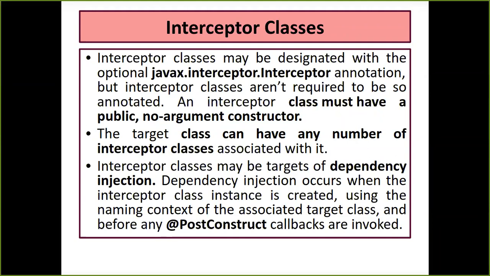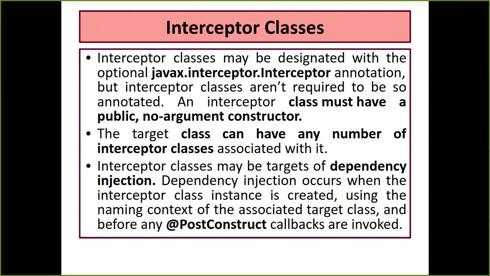The class can have any number of interceptor classes. That means one EJB file can have any number of interceptor classes, and any number of other classes also. You can assign one interceptor class to one class's methods, and another interceptor class to another class or its methods. That way you can do it.